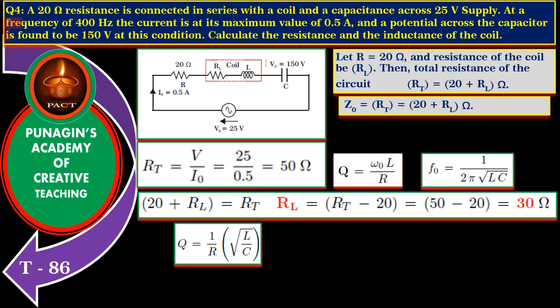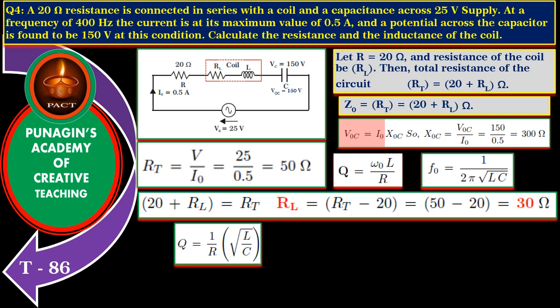We know voltage across C at resonance is 150 volts, and let phi naught C be equal to 150 volts. But phi naught C is equal to I naught into X naught C, where X naught C is the capacitive reactance at resonance. By substituting the values and solving, we get X naught C is equal to 300 ohm.